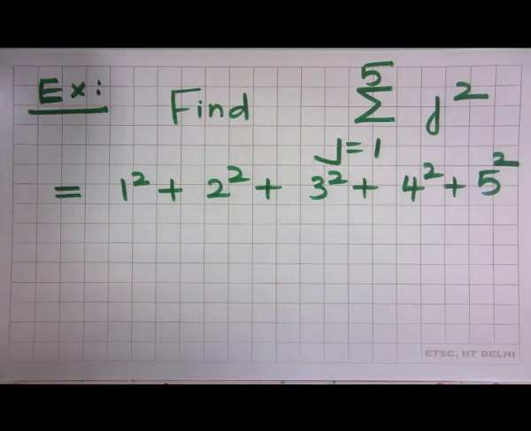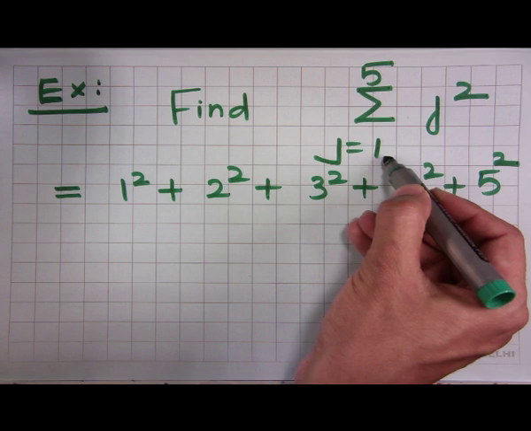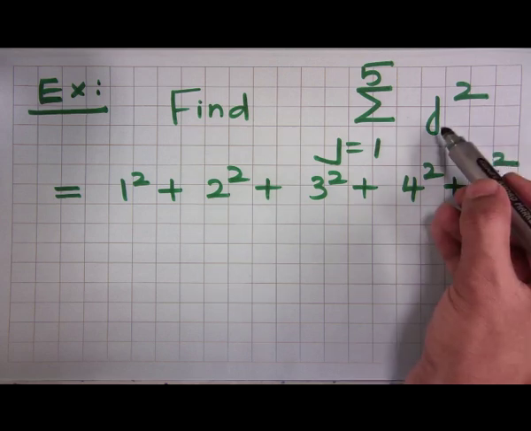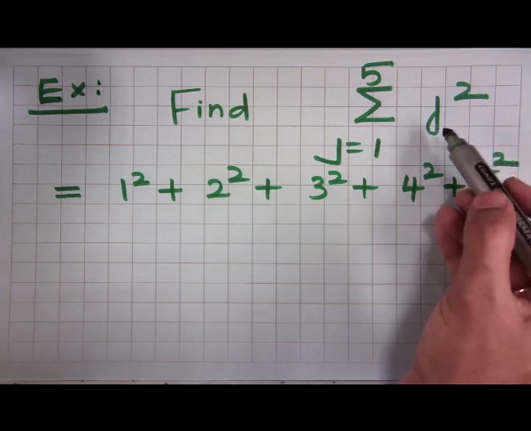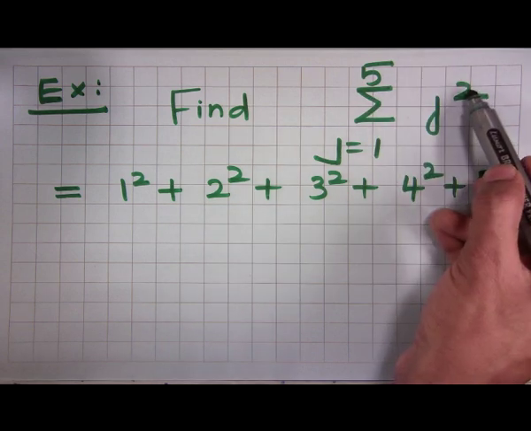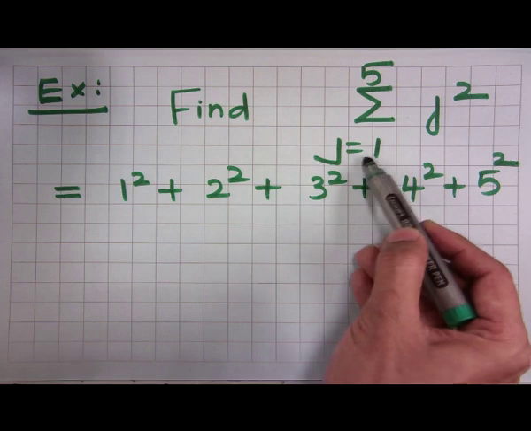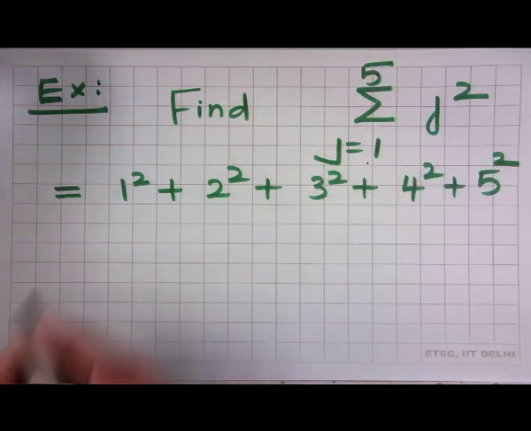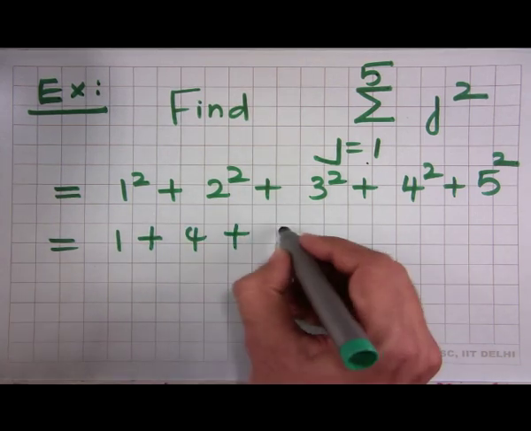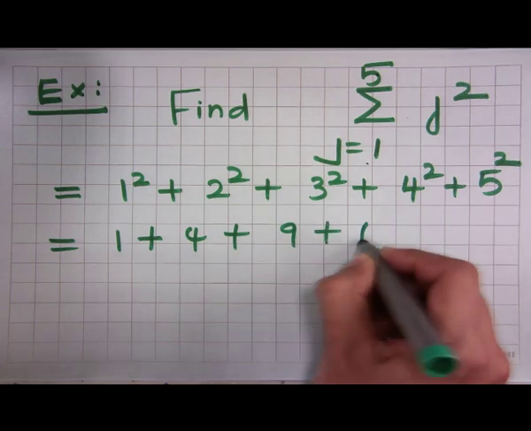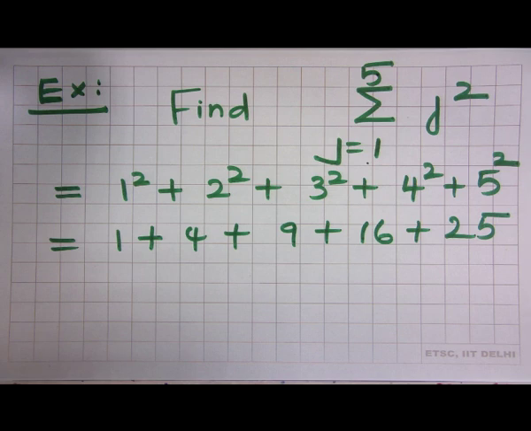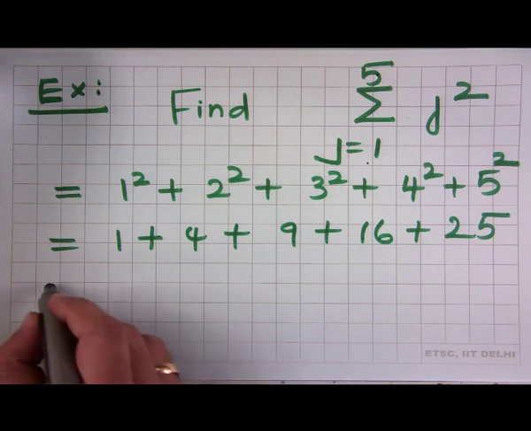Do you see it? 1 is the lower limit, 5 is the upper limit, index is j, and you are finding the sum of j square, j is from 1 to 5. And this is 1 plus 4 plus 9 plus 16 plus 25, which is 55.